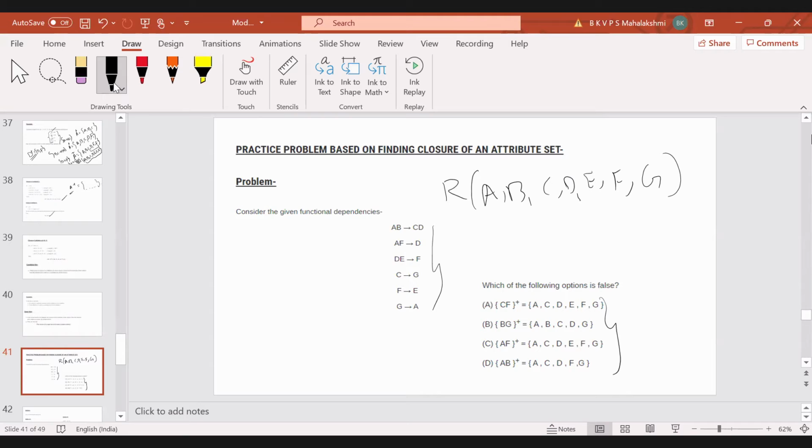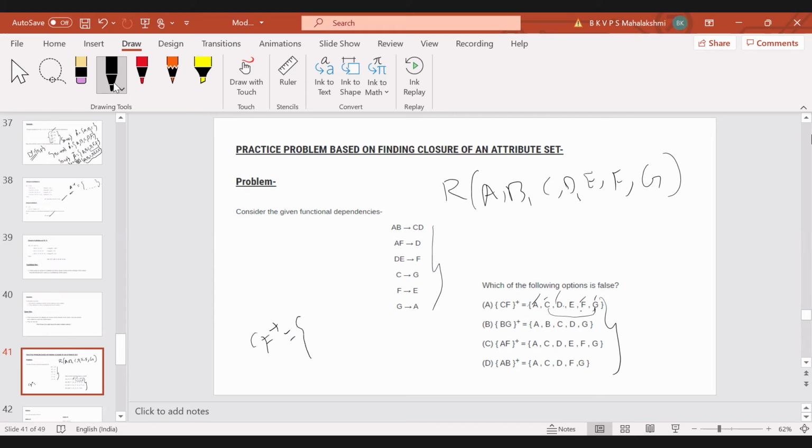So CF closure. That means CF and C again, which has the functional dependency, and CFG, and G tends to A, so A is included here, and AF tends to D, fine, and DE tends to F. Let me find out the closure.